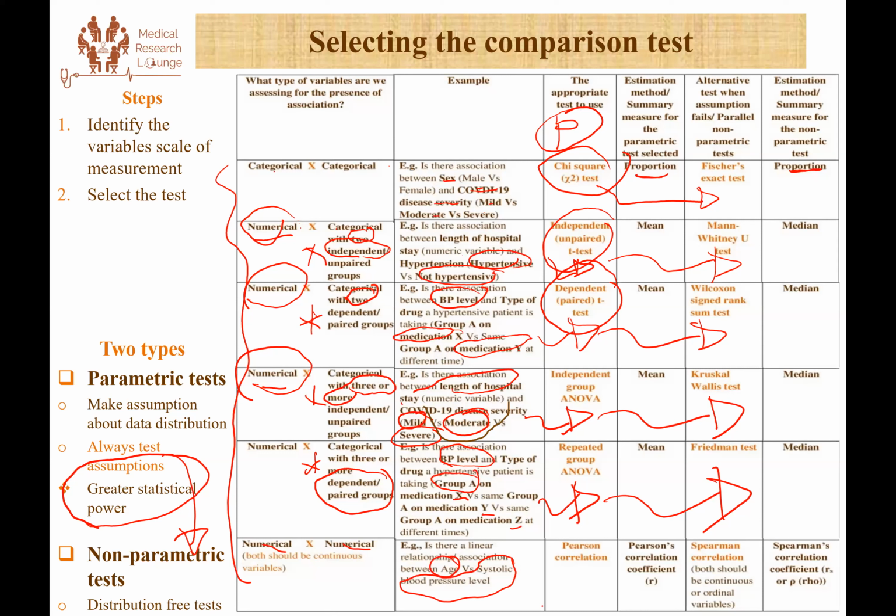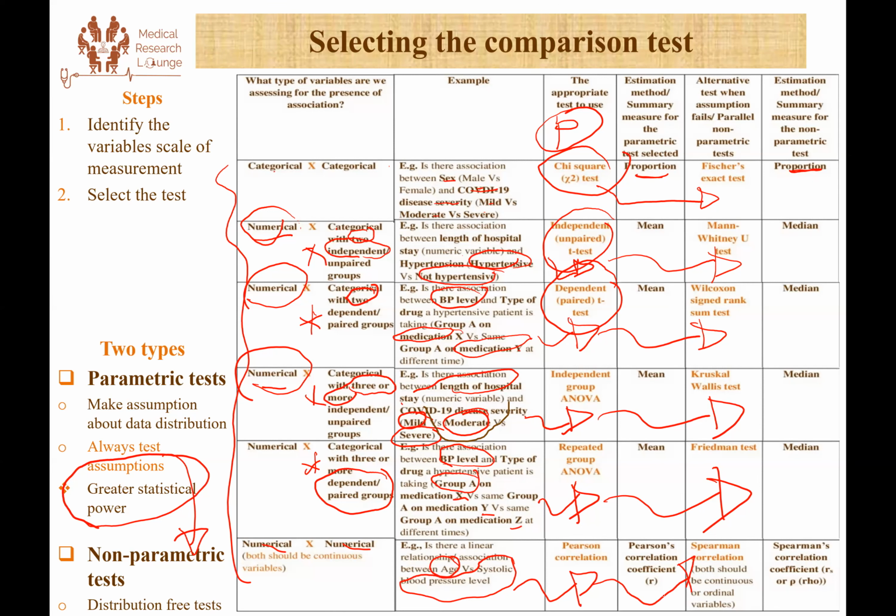Pearson correlation is a test that we use when we have both continuous numerical variables. Pearson correlation again has assumptions because it's a parametric test. If the assumptions fail, we have to use the Spearman correlation, which is the parallel non-parametric test for the Pearson correlation. So this is how we pick our test.